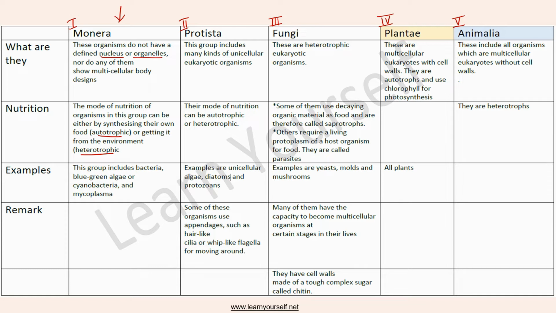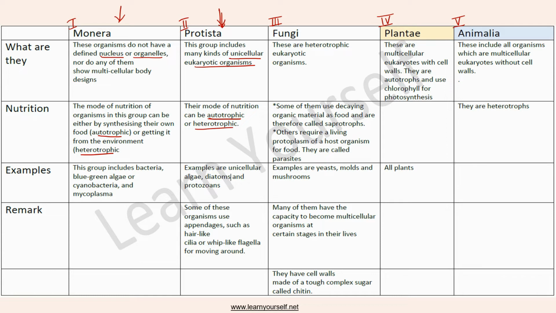Now second is Protista. This group includes many kinds of unicellular eukaryotic organisms. Their mode of nutrition is also autotrophic and heterotrophic.